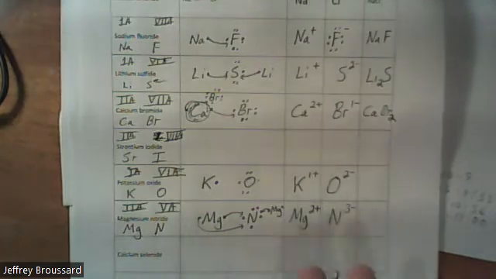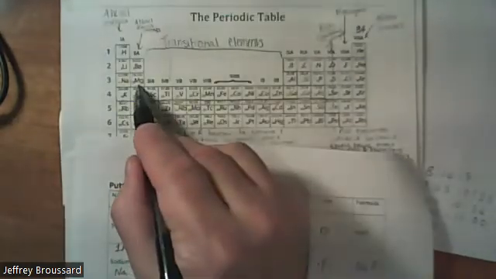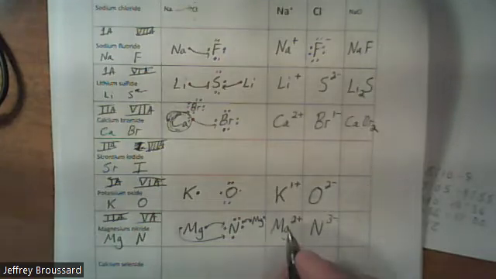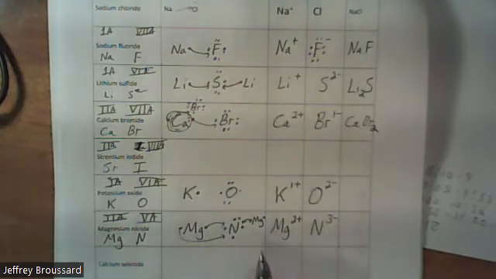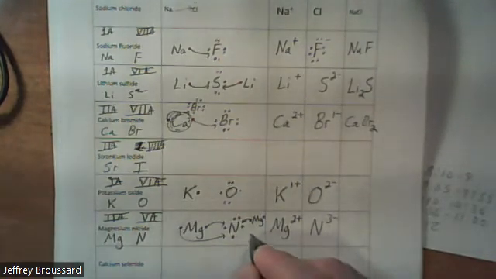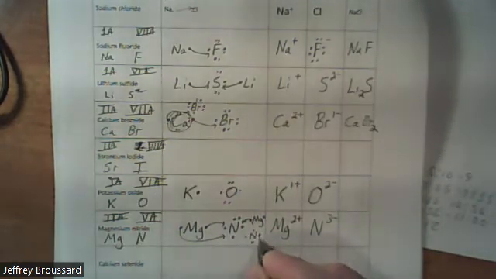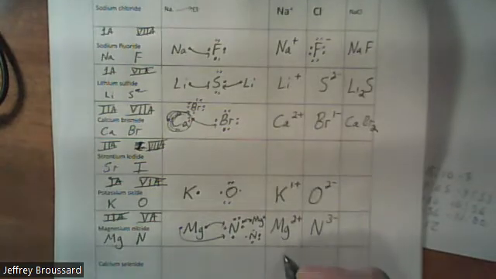Because remember, magnesium wants to get rid of two. Magnesium wants to lose 1, 2. This magnesium having that extra electron is a problem. So we're going to need another nitrogen with 1, 2, 3, 4, 5 valence electrons.